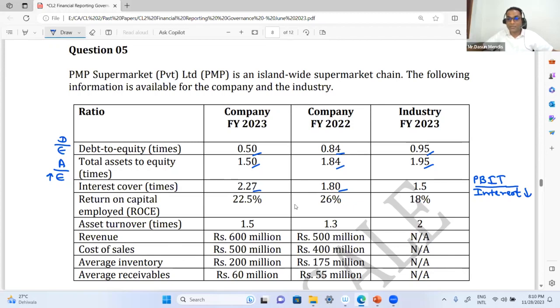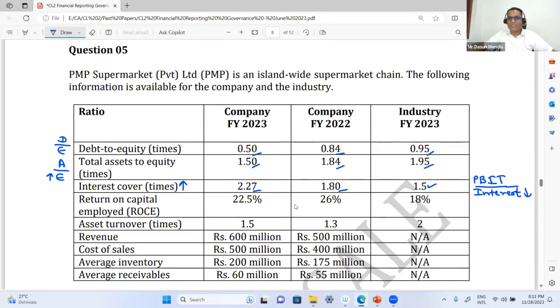So once your interest expense is going down, obviously interest cover ratio goes up. So that's what has happened from last year to this year. And also, it is better than the industry average because earlier we looked at our company's gearing is less than the industry. So as the gearing is less than the industry, interest cover is better than the industry as well.